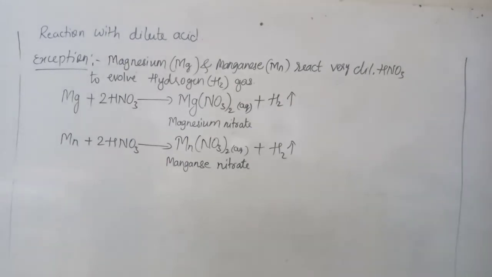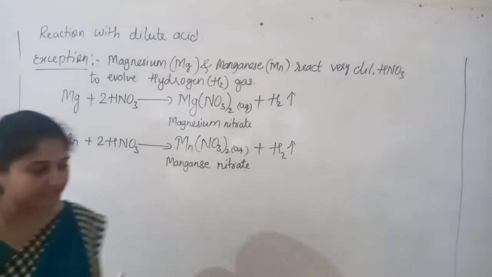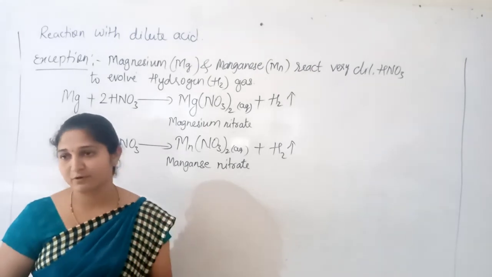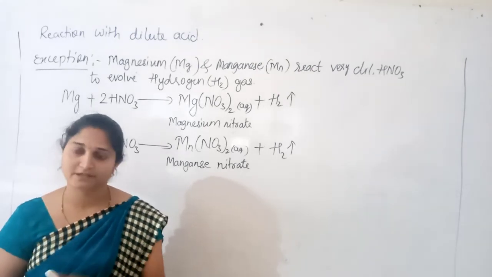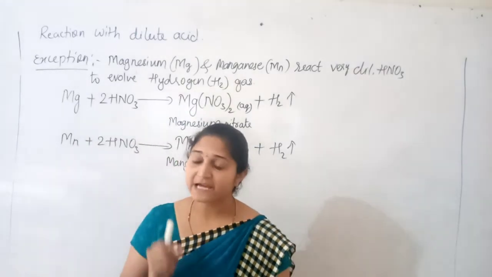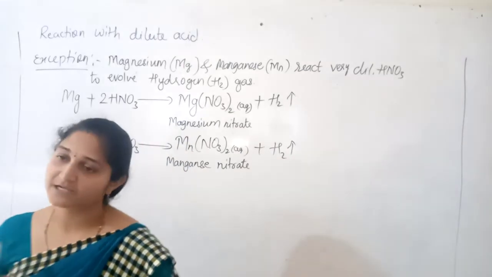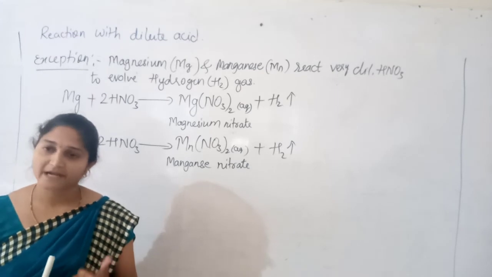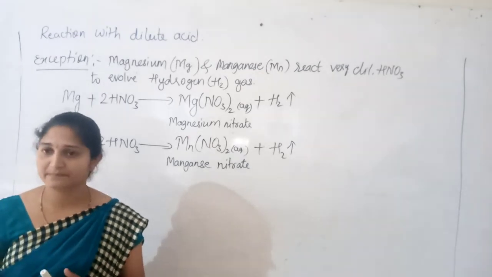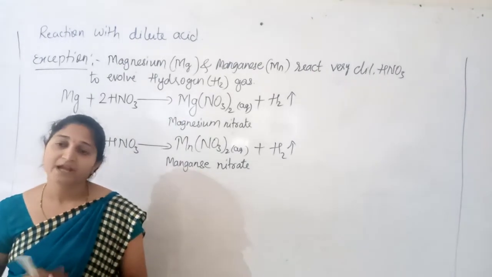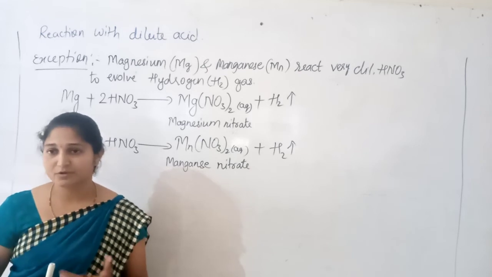Goldsmiths clean gold and platinum using what we call royal water. In science, that is aqua regia. It is a mixture of hydrochloric acid and nitric acid in the proportion of 3:1, and it is used to wash gold and platinum.